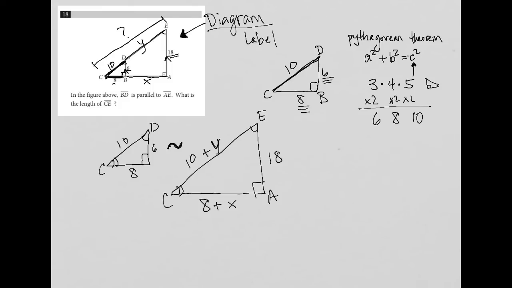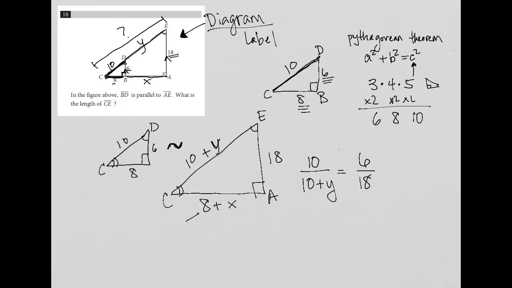I can say the ratio of the smaller triangle's hypotenuse to the larger triangle's hypotenuse must be equal to the ratio of the vertical side of the small triangle to the vertical side of the larger triangle. That's what you can do with similar triangles.